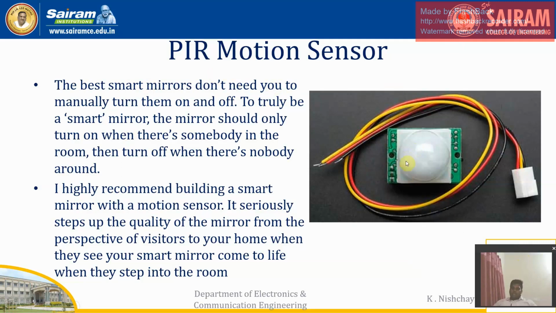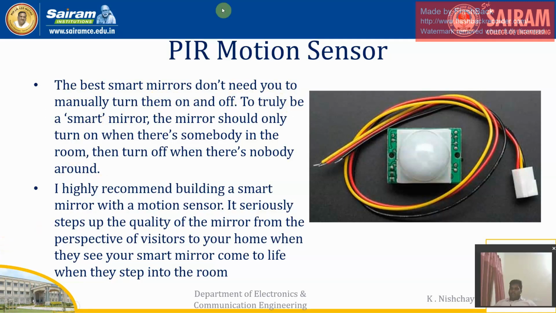When the user comes in front of the PIR sensor, it activates the smart mirror, so that it can fulfill the human requirements at that instant. The best smart mirror does not need you to turn it on and off manually.